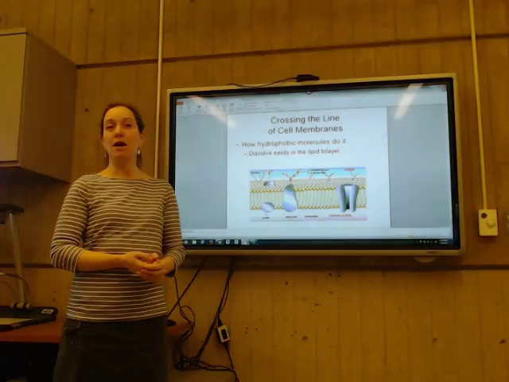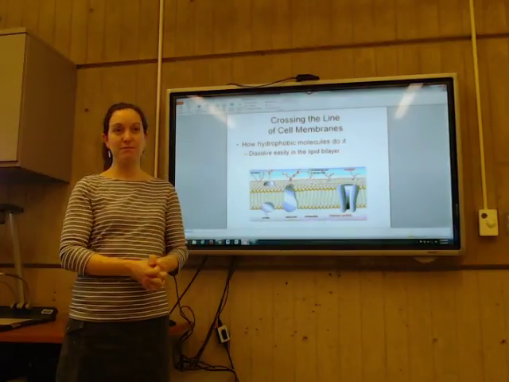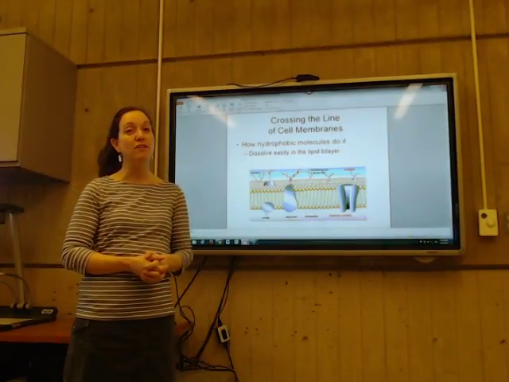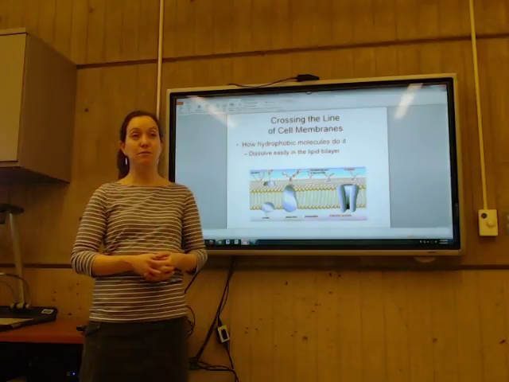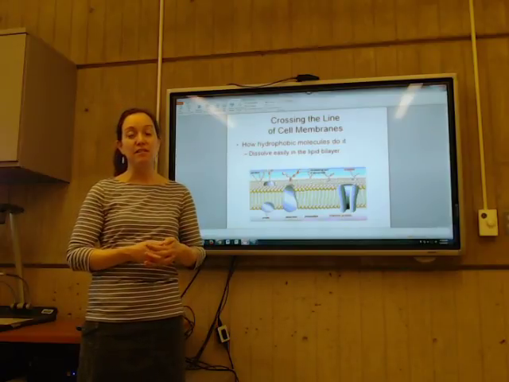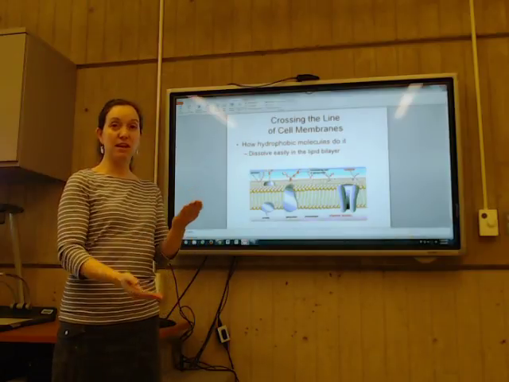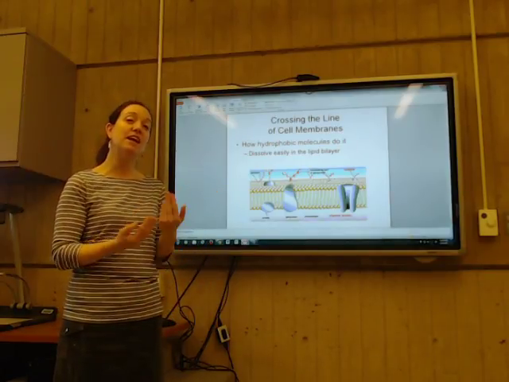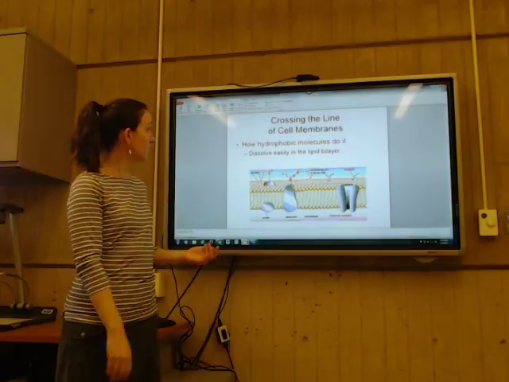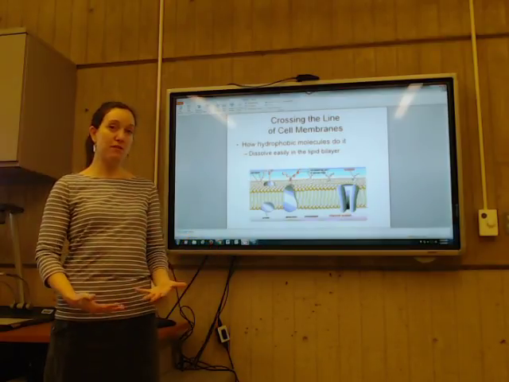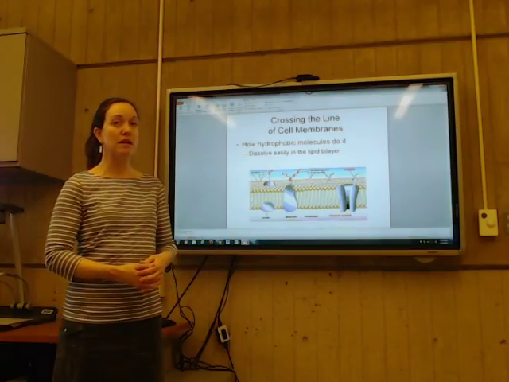Water. Ions. Different types of molecules will enter the cell and exit the cell. Things that exit the cell can be hormones or waste products. These things need to go across the membrane to get in or out of the cell. Different substances will do this in different ways.